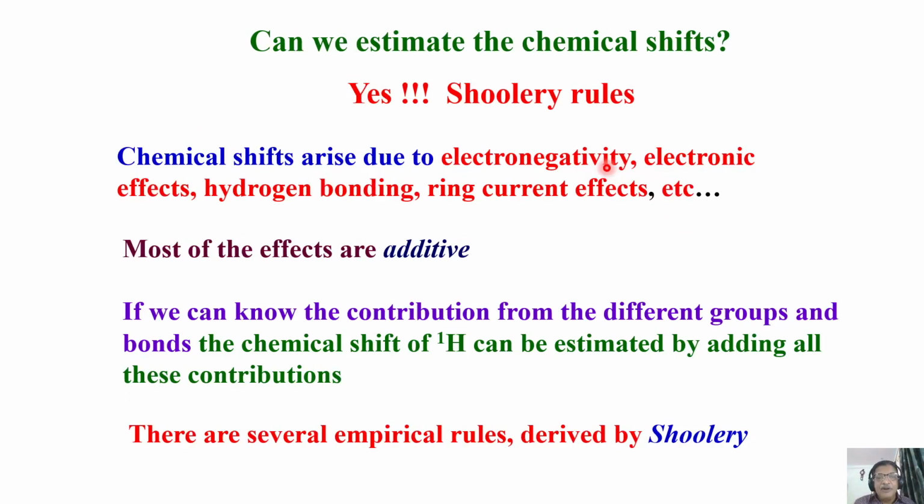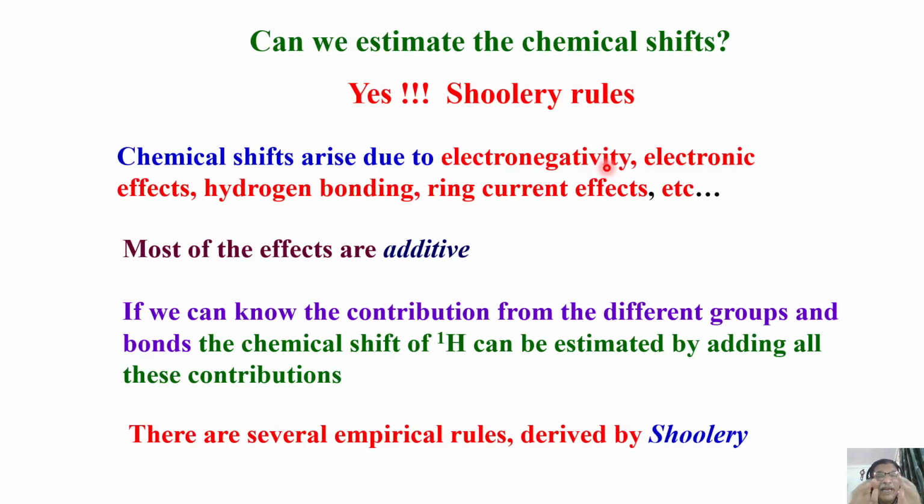One type of effect is seen. But interestingly, what the Schoolery rule says is, if you know these things, there is a way we can find out the effects of all of them, because all these effects are additive. You can add all these different effects and finally get the chemical shift for a particular proton. Then where do you add it? You must have something, right?